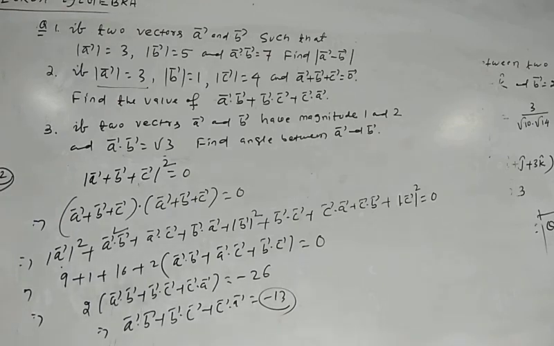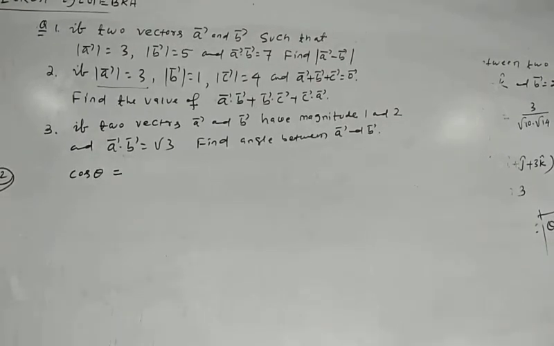Next, the third one. If the two vectors A vector and B vector have magnitude 1 and 2 respectively, and A dot B is equal to root 3, then find the angle between A and B. You know cos theta is equal to A dot B by A magnitude into B magnitude.